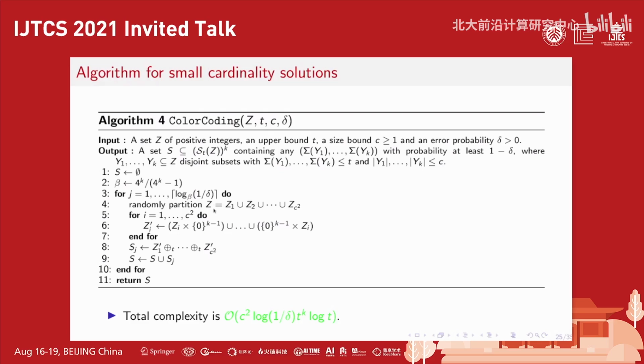We use the color coding technique, and we essentially perform enough repetitions to guarantee that there is high probability that there exists at least one repetition which splits each involved subset, or rather its k disjoint involved subsets.